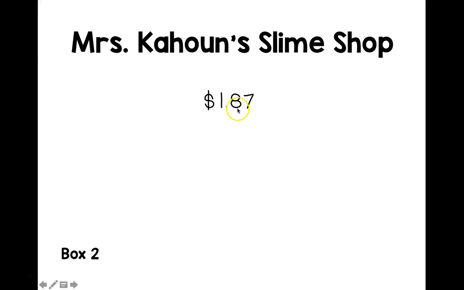So now we need to round to this place value, the tens place, because we have dimes that can help us. But we can't only give them 8 dimes and a dollar bill, because then we didn't pay enough. It still costs 7 more cents. How much money would you give the cashier? Go ahead and draw your answer in box number 2.